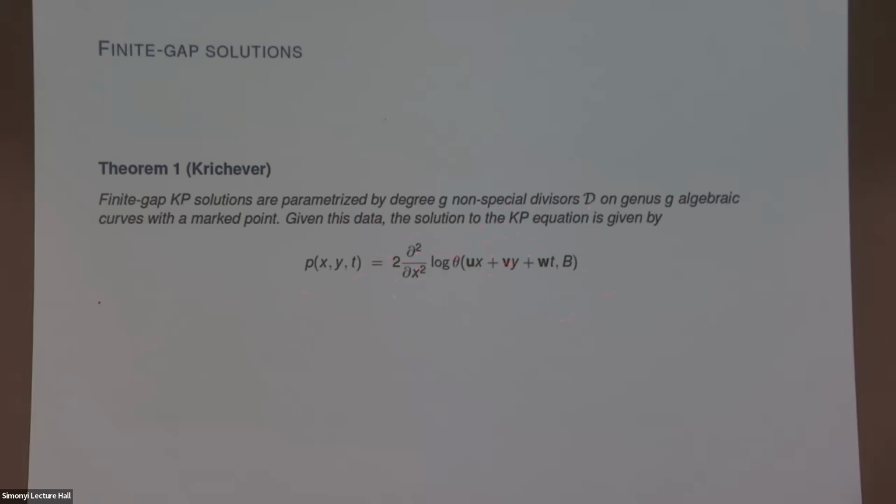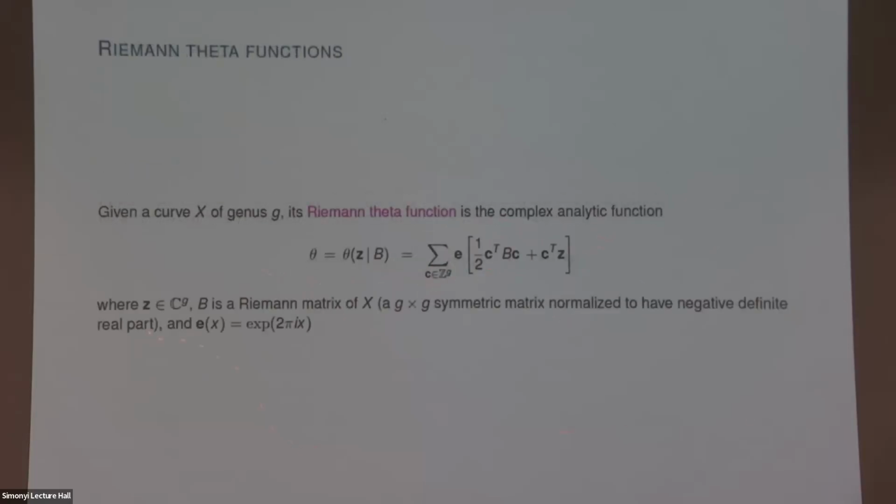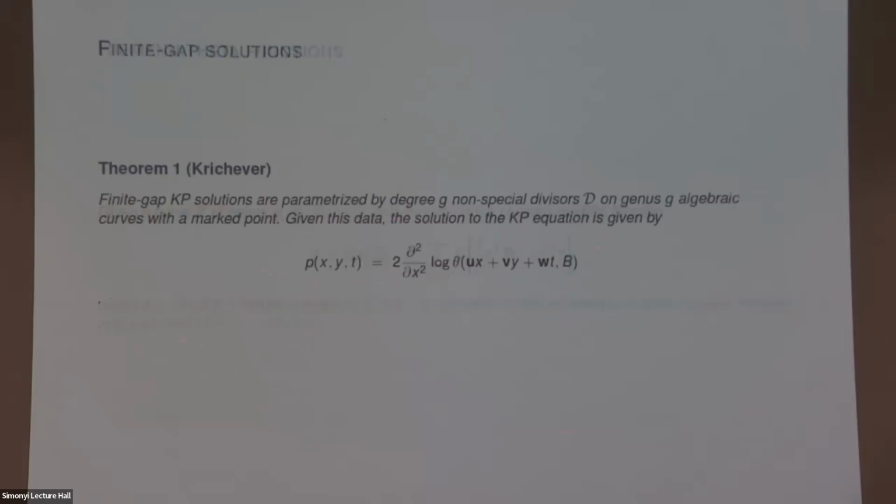So this is the same expression that I had a couple slides ago, except now what used to be a tau is a theta function. And theta is just a function of one variable z, whereas our tau takes in x, y, and t, but we can fix that by adding parameterizing variables u, v, and w. So ux plus vy plus wt replaces z here.